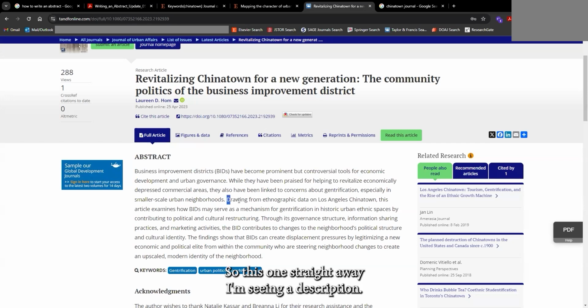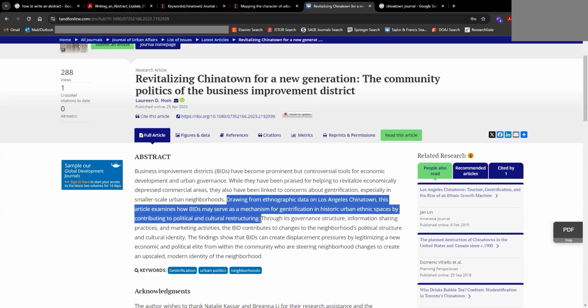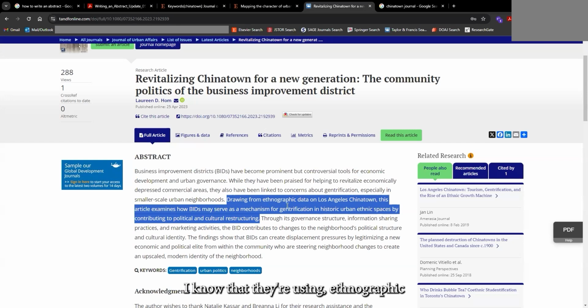So in this one, straight away, I'm seeing a description of the type of data that they're using and gathering. This very much tells me the methodology. Although I may not be an expert in this field, I know that they're using ethnographic data around the LA area, LA Chinatown, as the key case study.